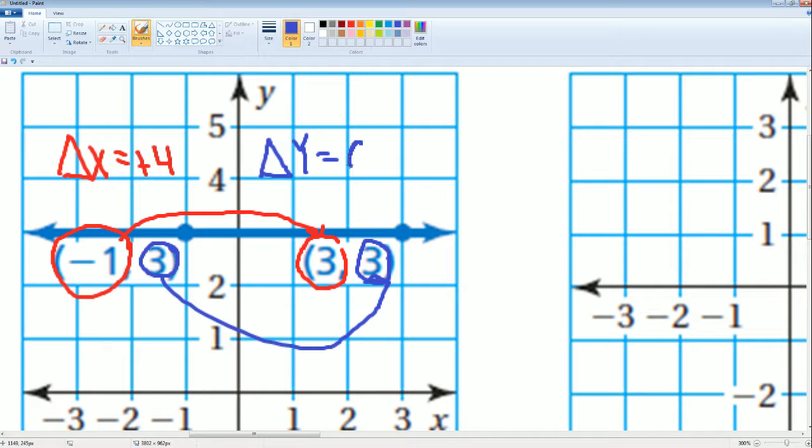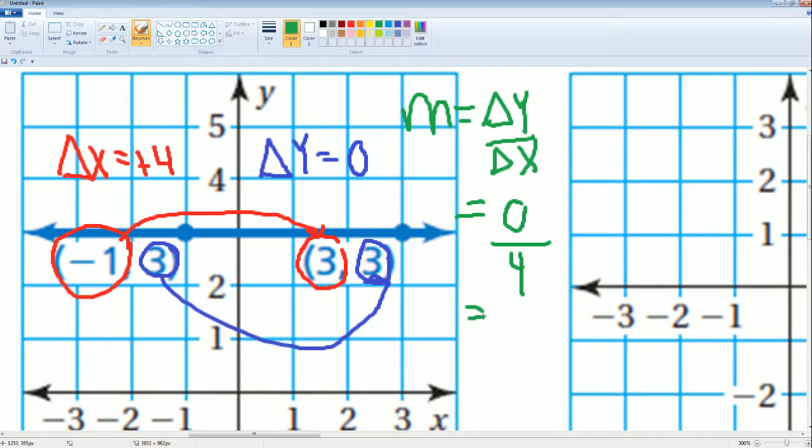So you add 0. Slope formula, once again, m equals delta y over delta x is equal to 0 over 4, which just becomes 0.